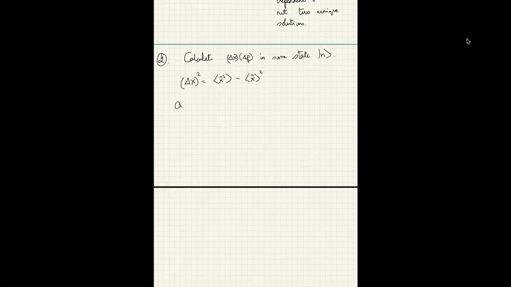Remember that x can be written as an addition of the A and A dagger operators, and P can be written as the difference between the A and A dagger operators, where the quantity beta, which has the units of inverse length, is given by square root of m omega 0 over h bar.